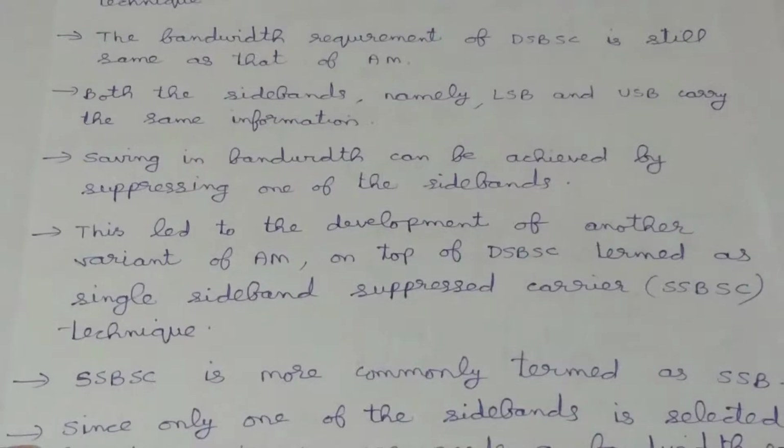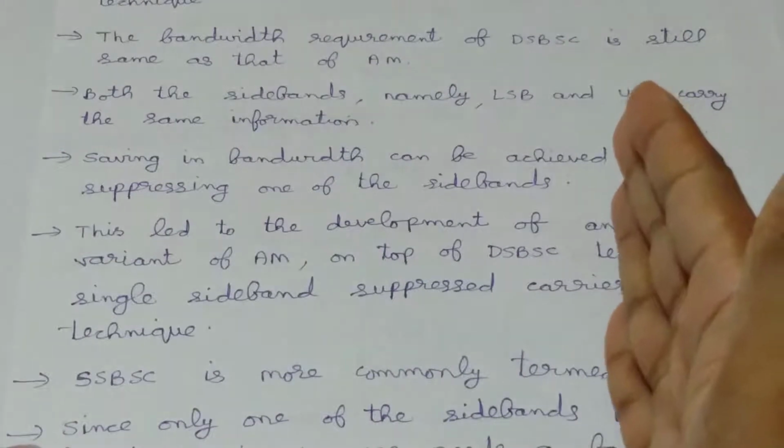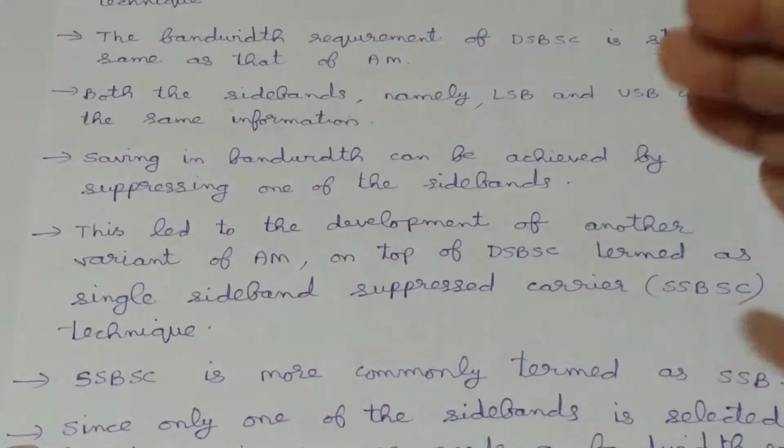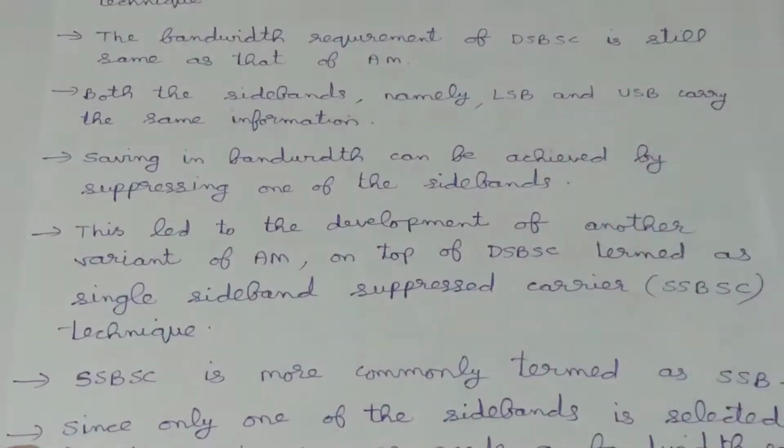In this SSB technique we are transmitting only one of the sidebands to the receiver side. We are suppressing the carrier component and also one of the sideband components, and we will transmit either the lower sideband or only the upper sideband to the receiver side.